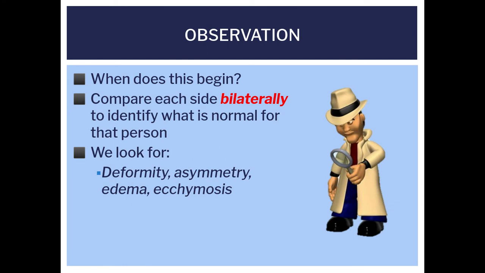With your observation, you can ask them or see when the pain begins. You're always wanting to check each side bilaterally to see if it is normal for that person. What that means is we will get into orthopedic evaluation when we are able to do hands-on. You're always checking the uninjured side first and then checking the injured side.